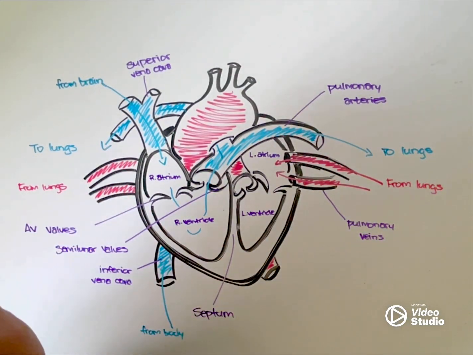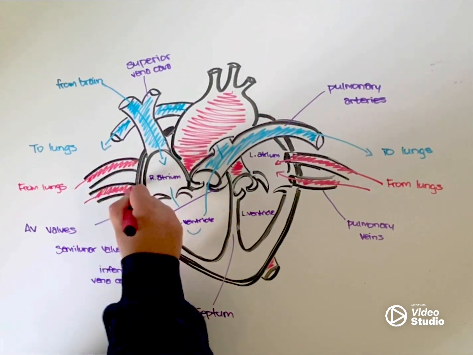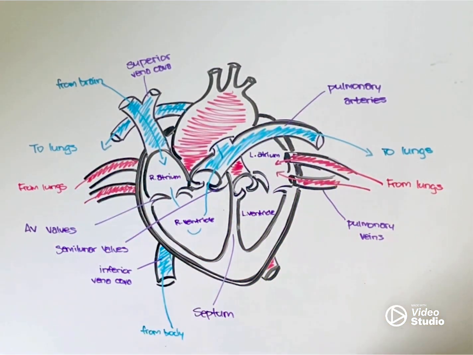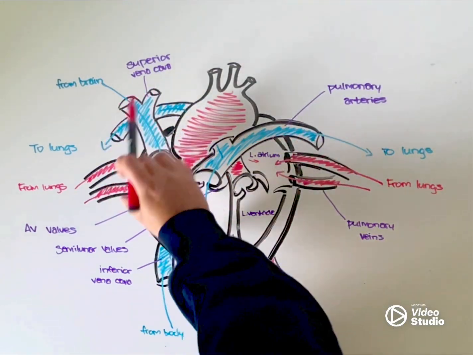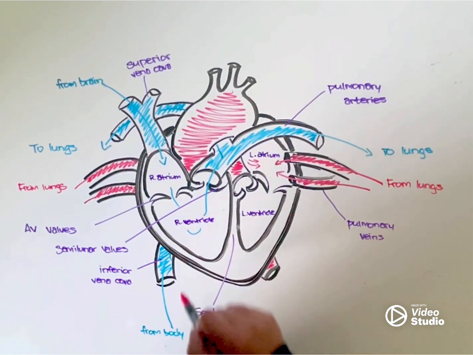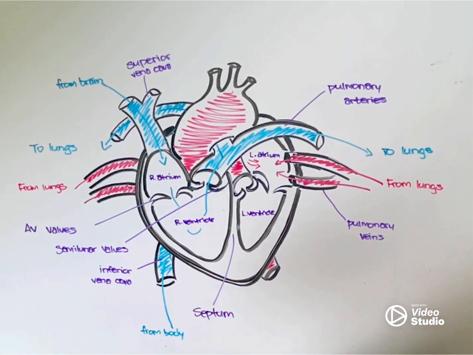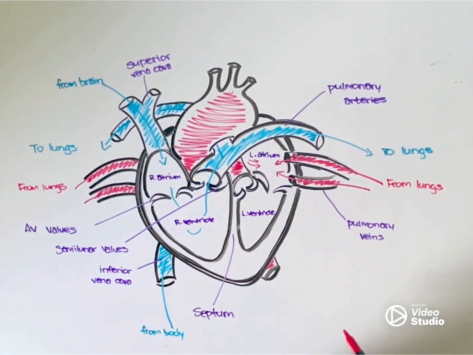And of course, you have another set of pulmonary veins on this side, returning blood from the lungs. And these blood vessels kind of tuck in back and deliver that newly oxygenated blood through this way. The newly oxygenated blood is going to re-enter the heart first into this left atrium.